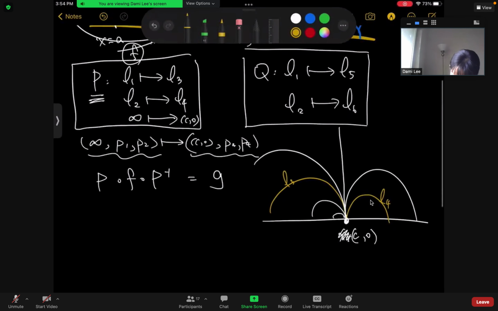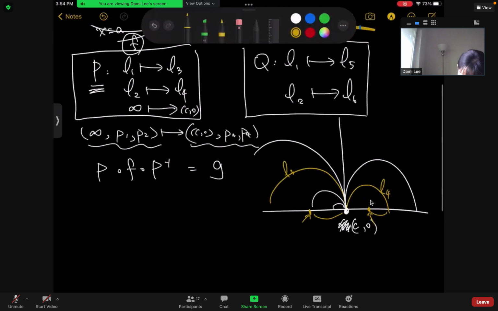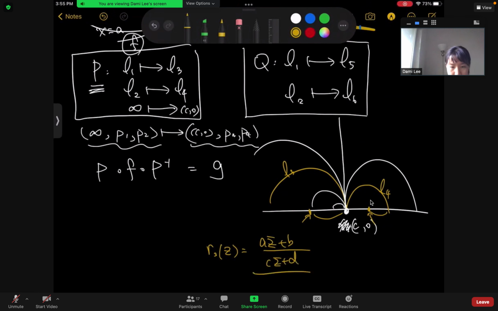I know the radius, I know the center, the center will be somewhere here and here. Given that information, I'll write little r3 for the reflection about L3. I can explicitly find my coefficients to find the map, and explicitly find my coefficients to do the same thing for L4, r4.